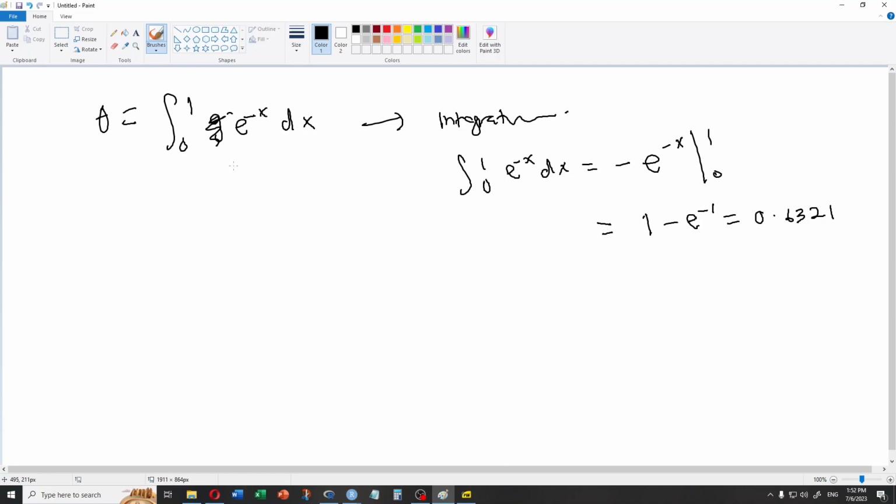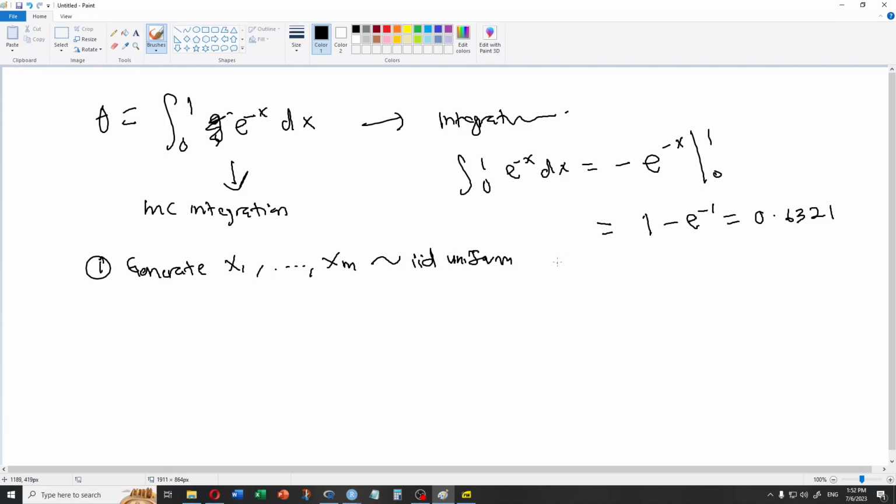Another way is to use Monte Carlo integration. To do that, the first step is to generate random variables. Let's say for m replicates we generate x1 until xm, and make sure these are IID, identical and independent, from a uniform distribution from a to b.